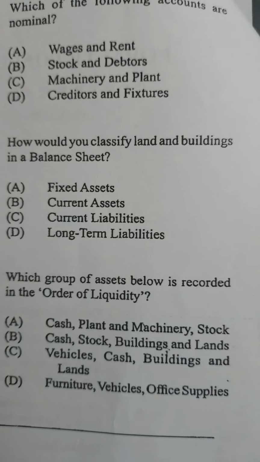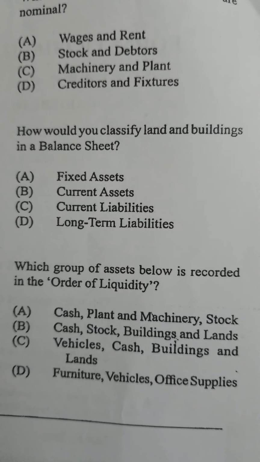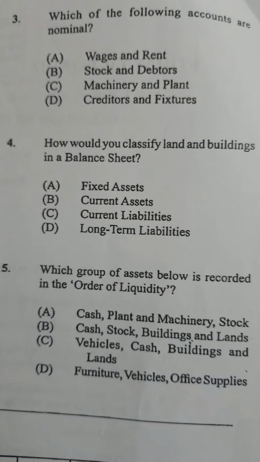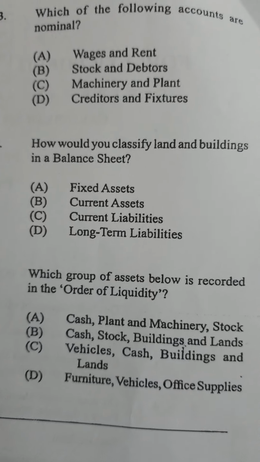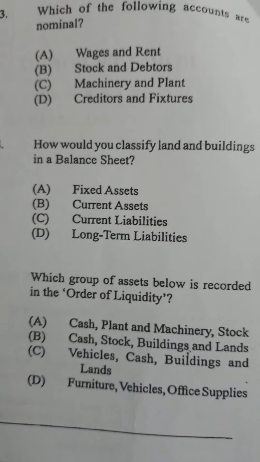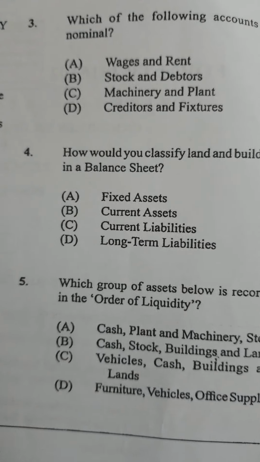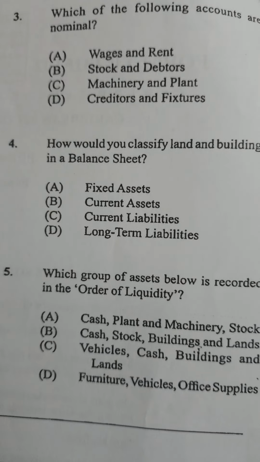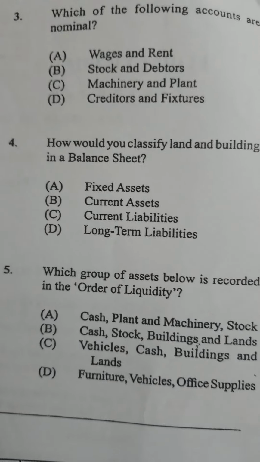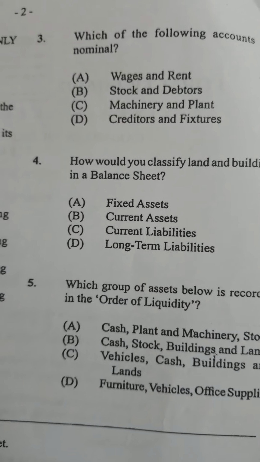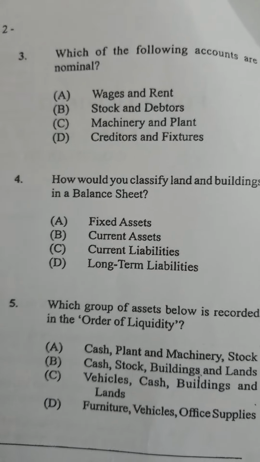Let's go to the next question. Which would you consider land and building in a balance sheet? All right. Now, what they're asking you to determine is whether or not you know and are able to identify the types of assets and liabilities. This question is testing your ability to classify assets and liabilities.